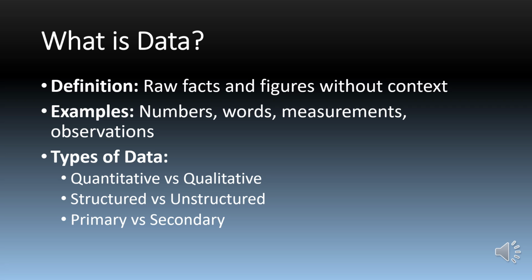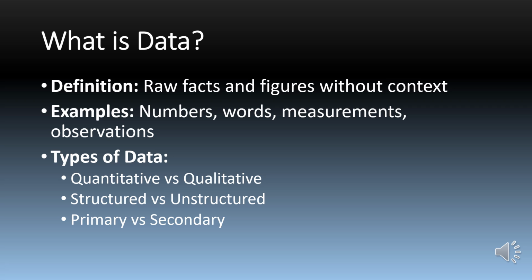What is data? At its core, data is simply raw information, numbers, words, observations that have not yet been analyzed or interpreted. Think of it as ingredients before they become a meal. We use different types of data: quantitative, which is numbers, and qualitative, more descriptive information.